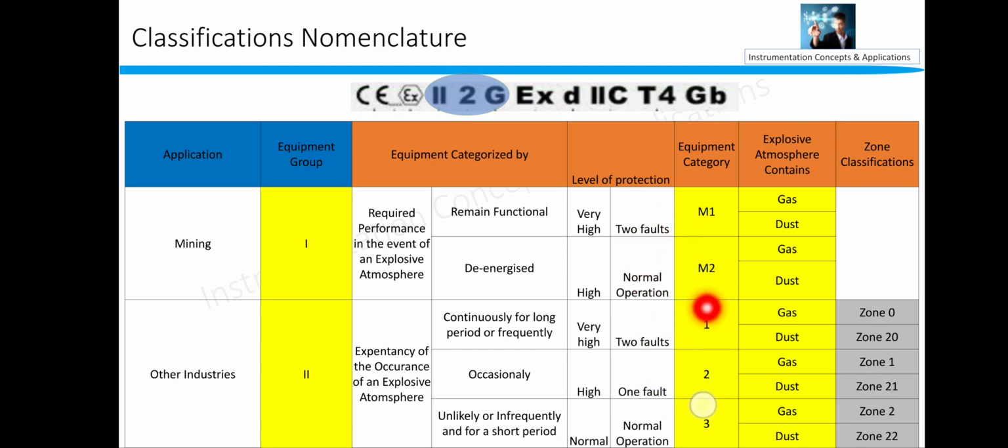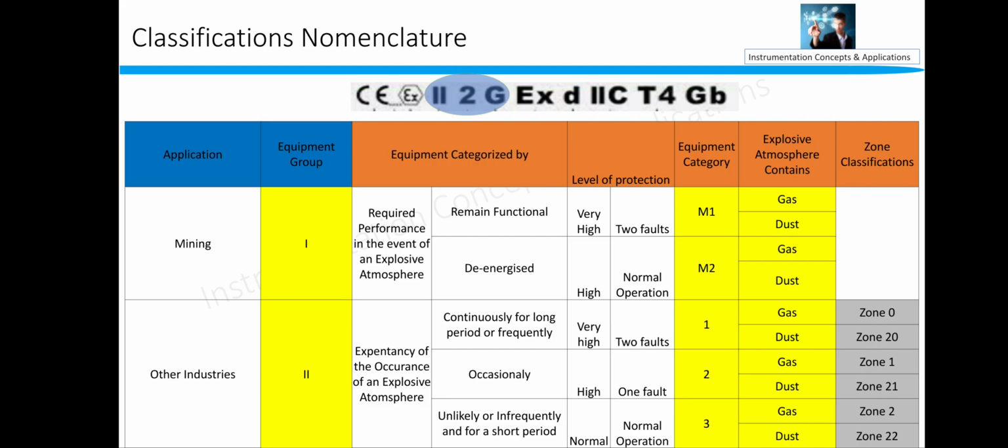And what is the level of protection? The equipment is so protective that it can sustain two faults at the same time, where the frequency is very high, continuously for a long period or frequently.